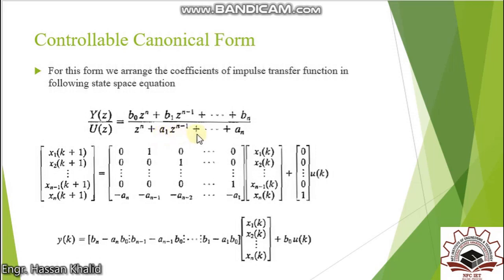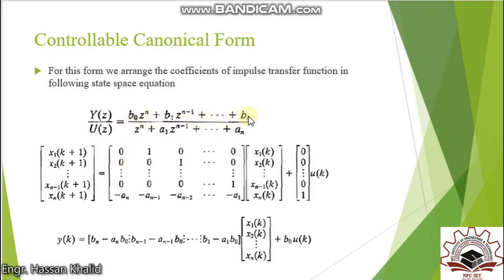Starting from a1, a2 till an, we arrange those values in the reverse order with negative signs: minus an, and so on up to minus a1, the coefficients of the characteristic equation.